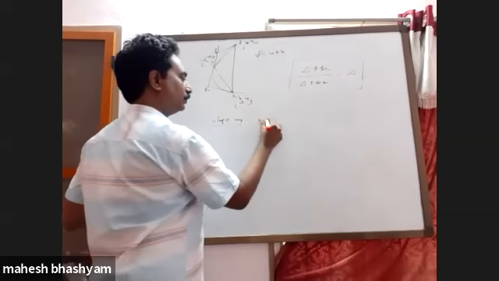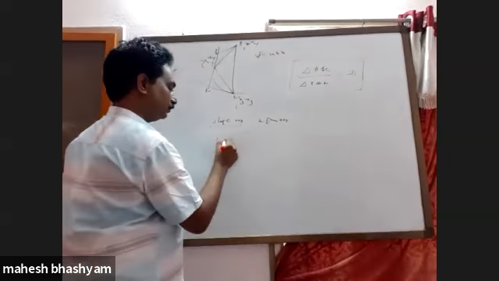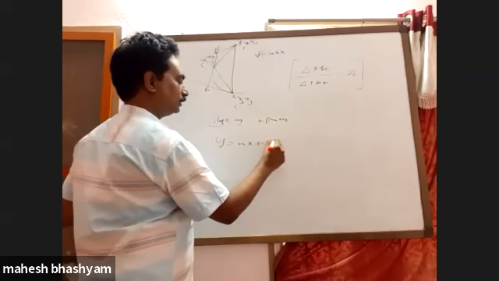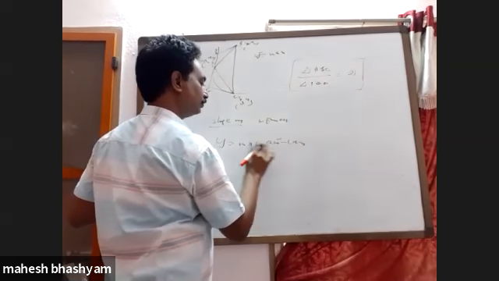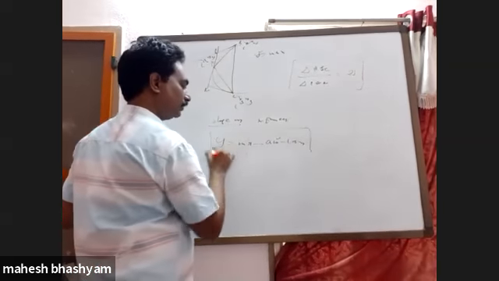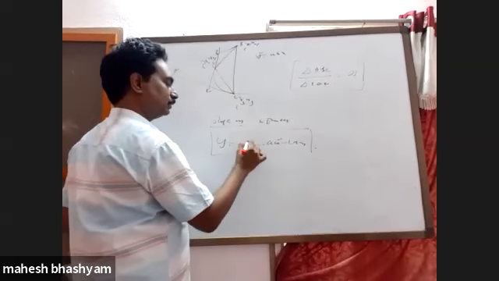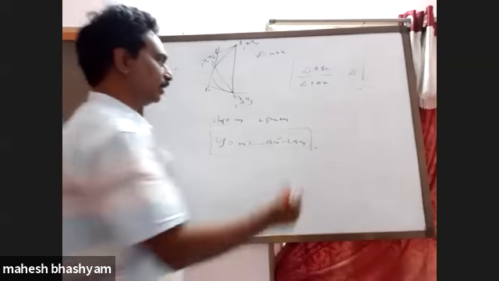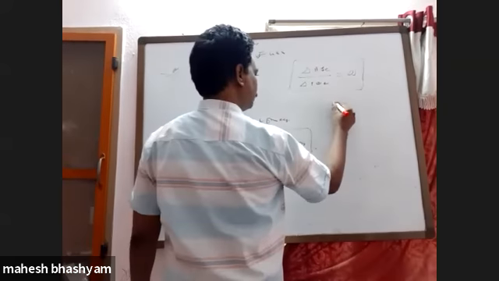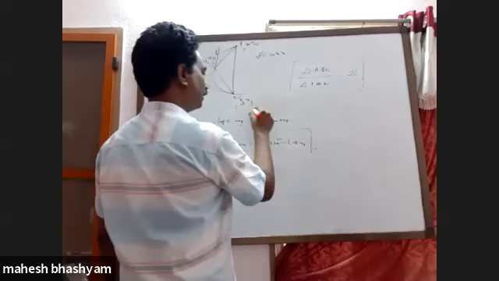Normal with slope m is y is equal to mx minus am cube minus 2am. This will also be calculated with the help of the parametric point. Standard parabola y square is equal to 4ax.